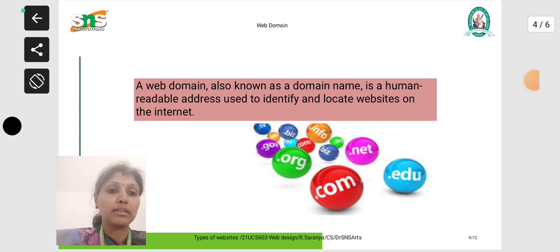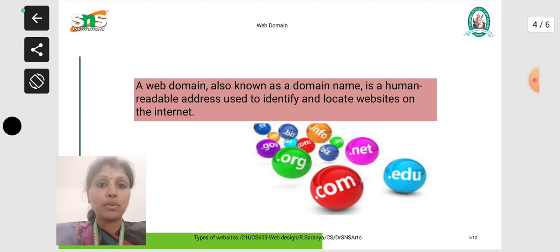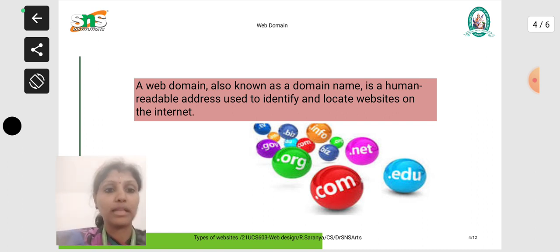Business oriented news, we can specify .biz. TV oriented information we want to visualize, we can choose the domain .tv. So based on the type of websites, we have to choose the domain name.